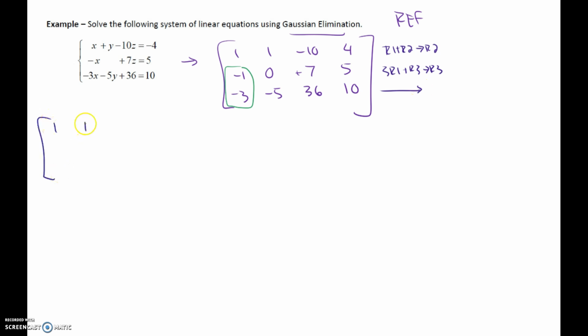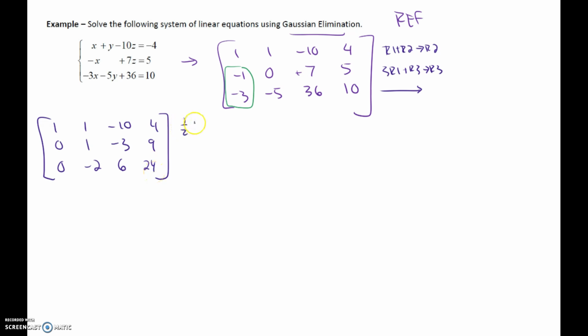Row 1 stays the same. The others are going to change. So that's 0, 1, negative 3, and 9. And then 3 times that, 0, negative 2, negative 30 plus 36 is 6, 12 plus 10 is 24.